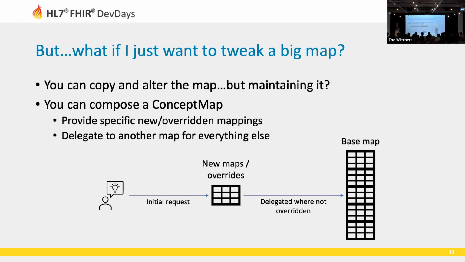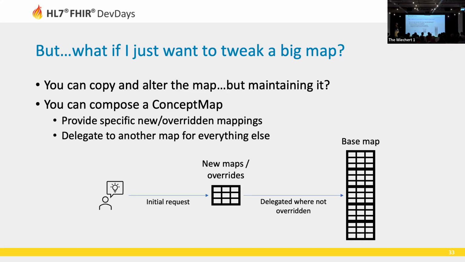But that said, obviously, there are some really big maps that people created, and maps are a lot of effort to create and to maintain, and they may be largely the same for a number of different use cases. So you might want to say, I want exactly that concept map with thousands and thousands of things in it, but I only need to tweak a few things. You could take a copy of it and change it, but then you've got to own it and maintain all of the rest of it as it changes, and that's all kind of horrible.